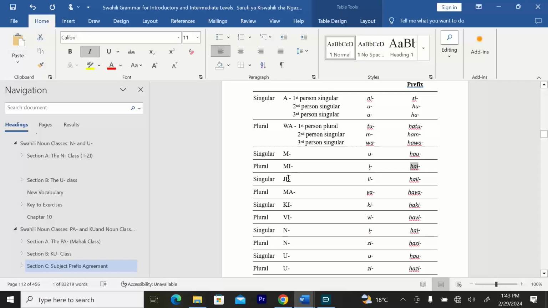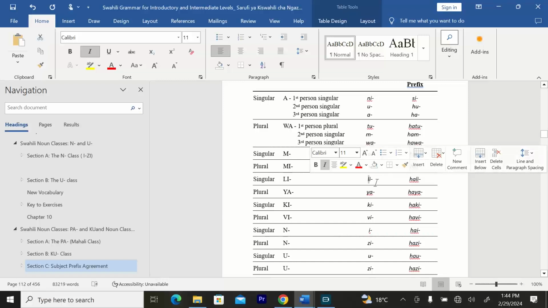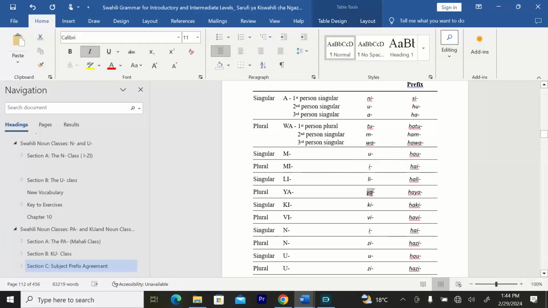Singular, jina, and that is why I changed this from jima to jina, because this is how it should be. The subject prefix is li in singular, and in plural is ya.